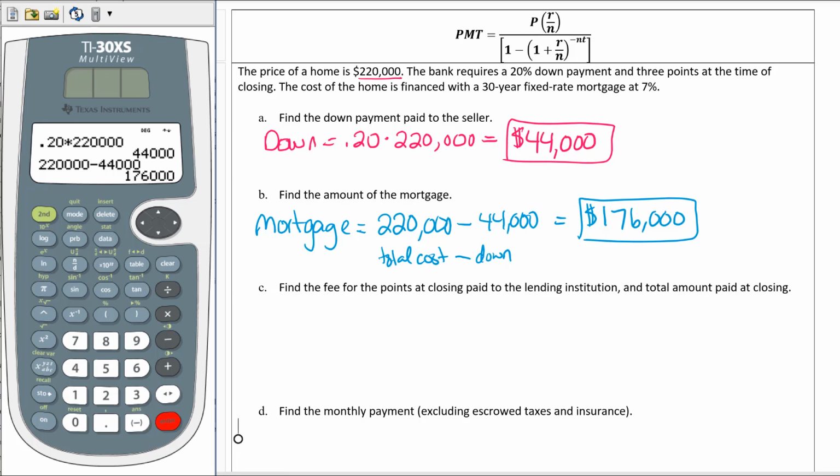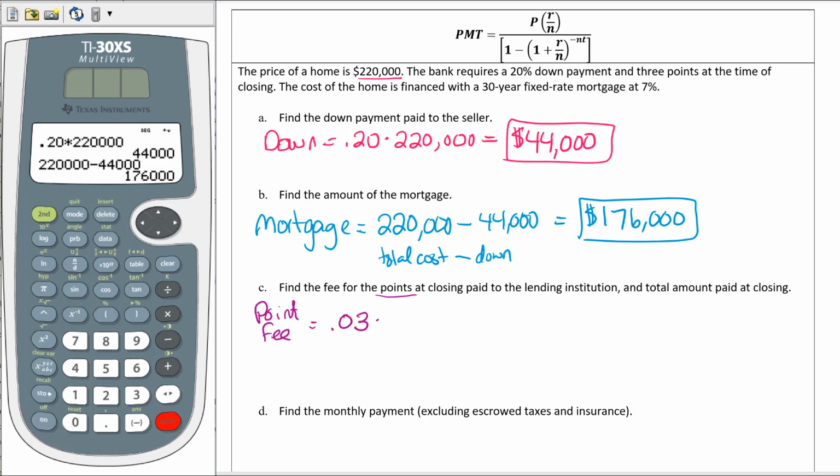Now, in addition to the down payment that you have to pay at closing, you're also going to have to pay these points. You are required to pay 3 points in this example. So 3 points, which is a one-time fee that you pay at closing. Each point represents 1%, so that's 0.03.